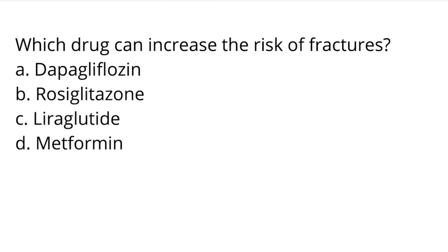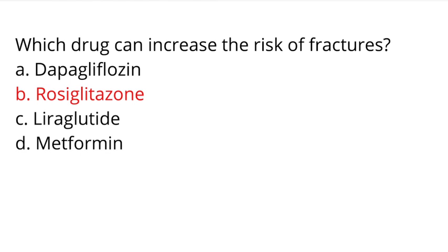And remember the gluttonous zone that we mentioned before? One of the side effects of glitazones is weight gain. And remember that sulfonylureas are also in the gluttonous zone because they also cause weight gain. However, another important adverse effect of glitazones is increased risk of fractures.